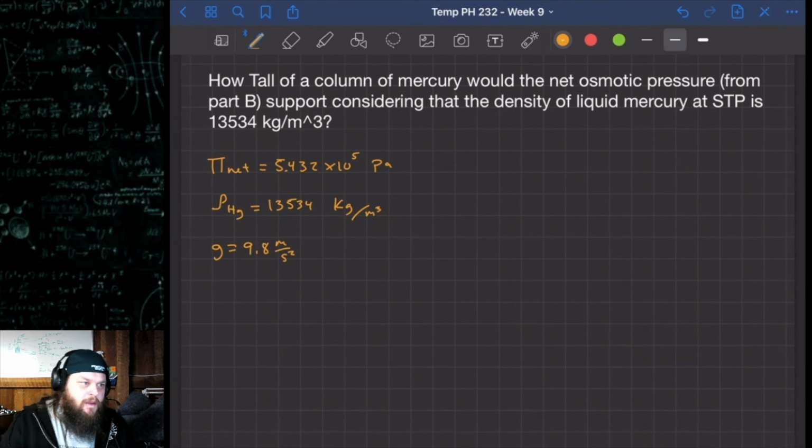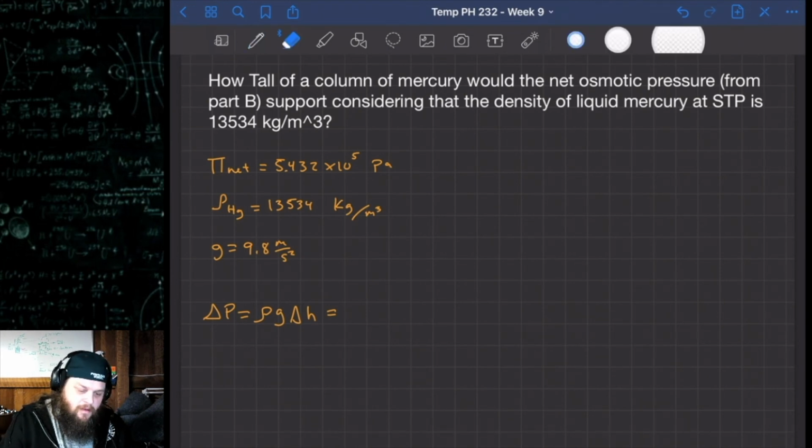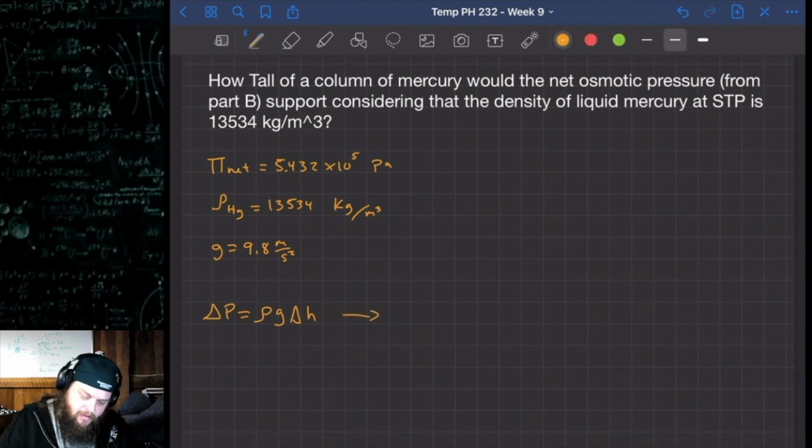Now we can use the basic idea that the change in pressure is equal to the density times gravity times the change in height. We want to solve for height, so delta H is going to be equal to delta P over rho g.